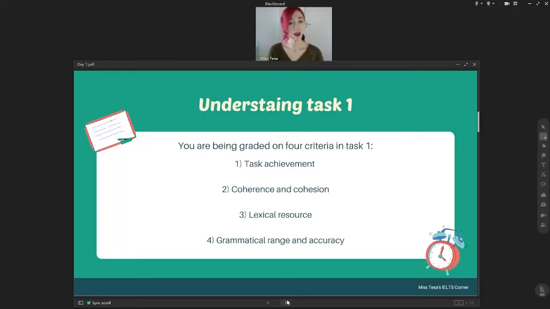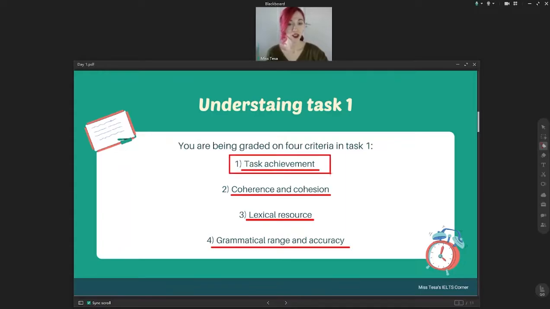So let's talk about how are you being graded on the task 1 essay. There are 4 criteria. The first one is task achievement. The second one is coherence and cohesion. The third one is lexical resource. And the fourth criteria is grammatical range and accuracy. So, task achievement refers to how well you answered the topic.